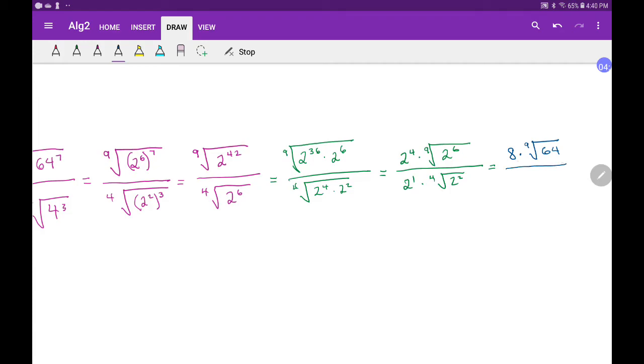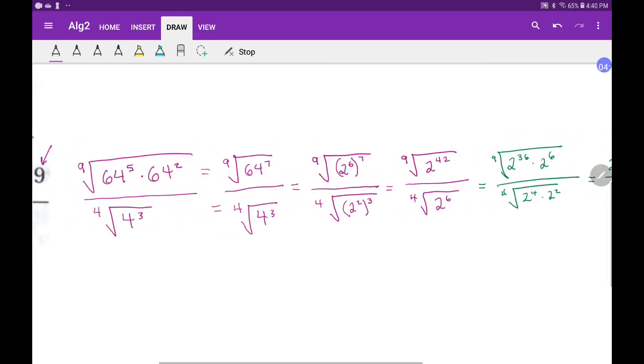Wow, it seems like it should be. And then on the bottom, I have the 2 canceled, so now I have the fourth root of 4. And I think that's as far as I can take it. So did I probably take it way further than they intended? Yes, probably so. But anyway, there's my extreme answer.